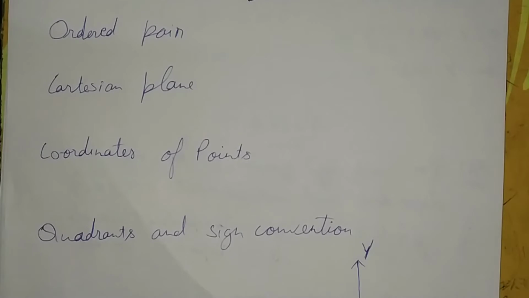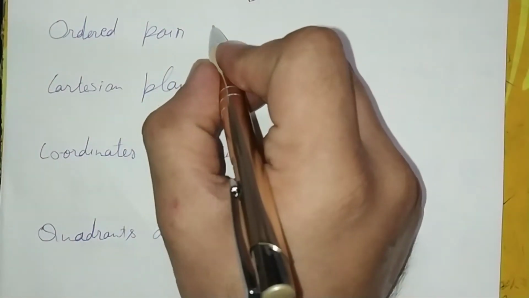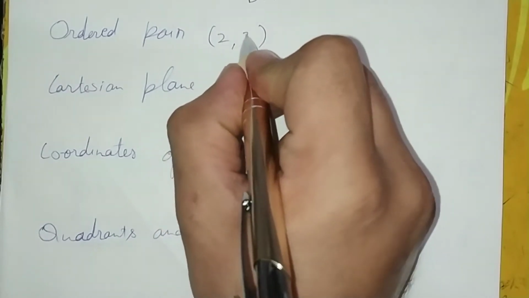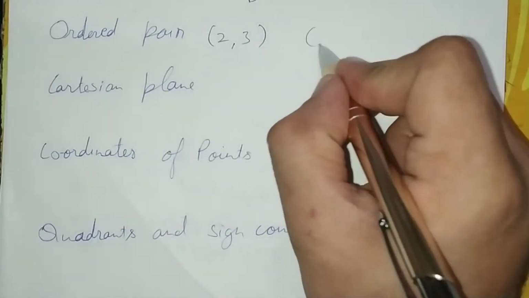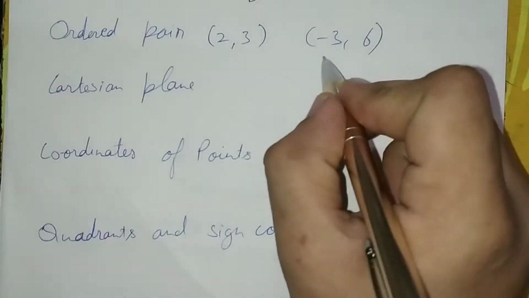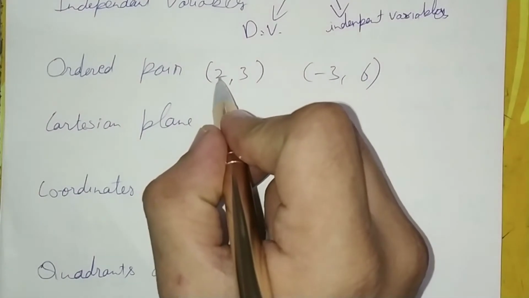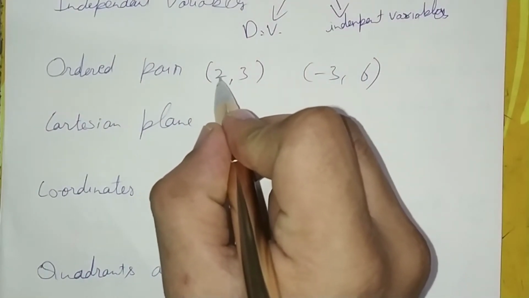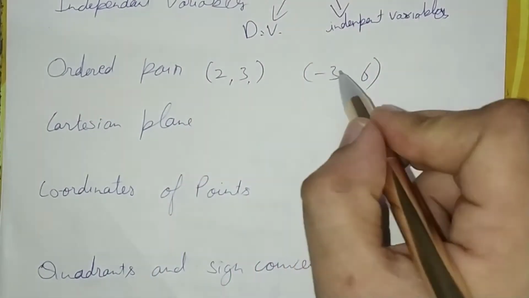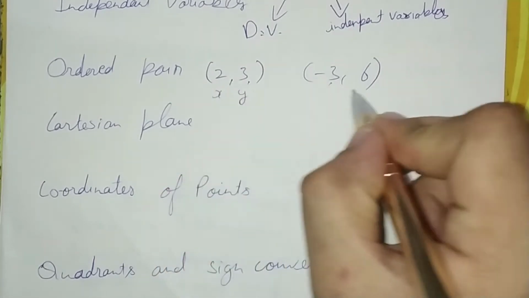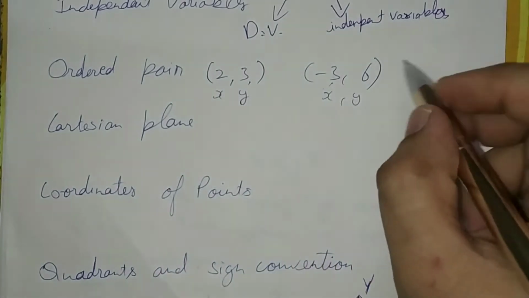Next is the ordered pair. For an ordered pair you have to use small brackets and a comma, for example (2, 3) or (-3, 6). These are known as ordered pairs. Here the first is the value of x and the second is the value of y.